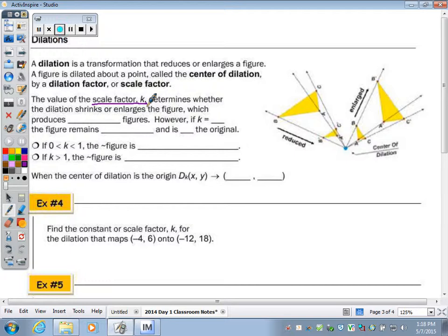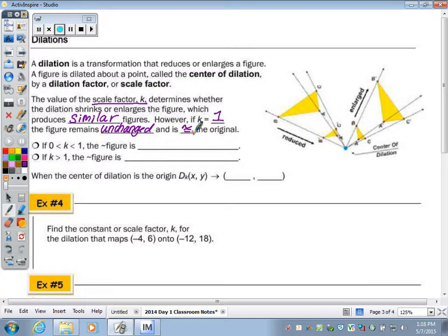Okay. So this blank here, it produces a similar figure. So we have to remember, in similar polygons, corresponding angles are congruent and corresponding sides are proportional. Okay? However, if k was 1, the figure remains unchanged and would therefore be congruent.